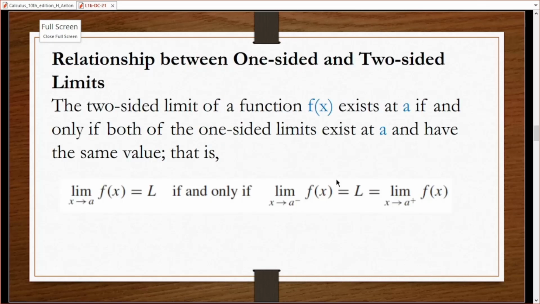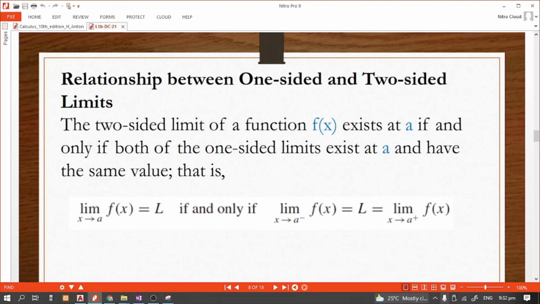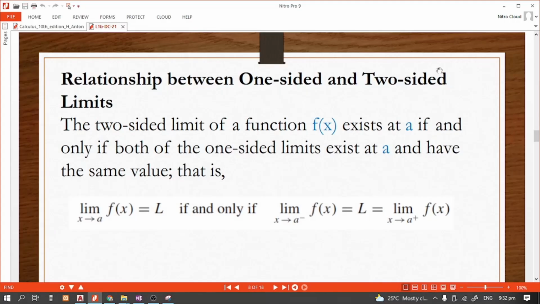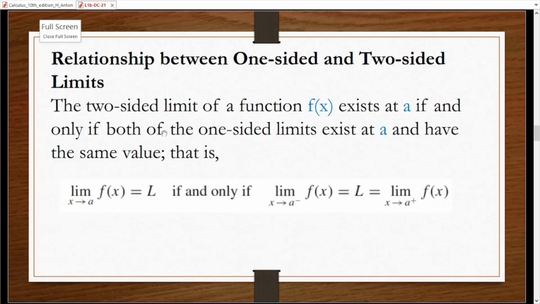So now, what is the importance or the relationship between one-sided and two-sided limits? So now, the two-sided limit of a function f of x exists at a if and only if both of the one-sided limits exist at a.